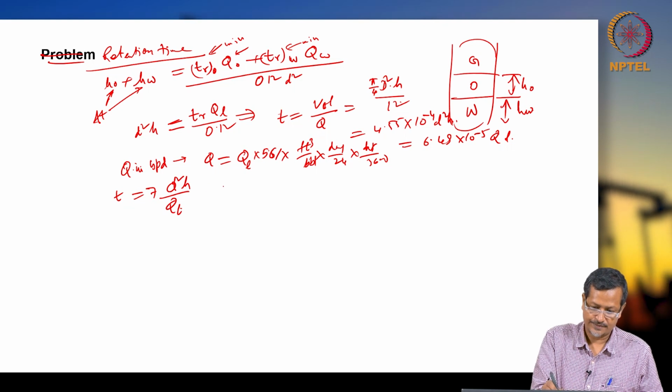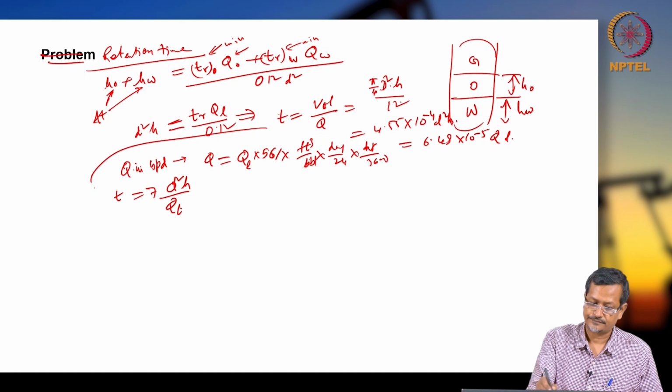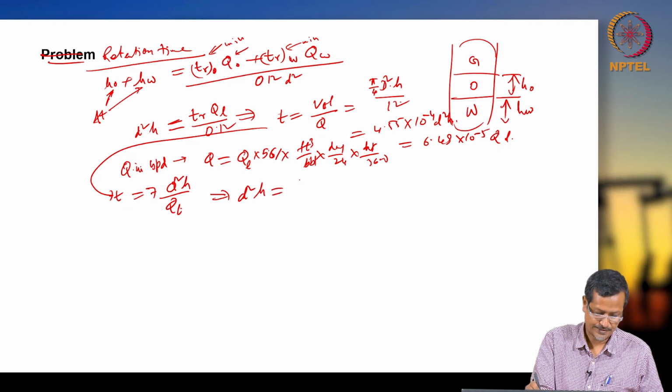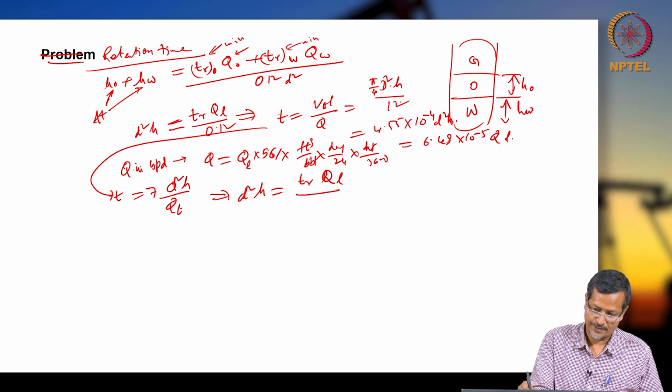Okay, so finally this is giving D square H equals TR QL divided by 0.12.